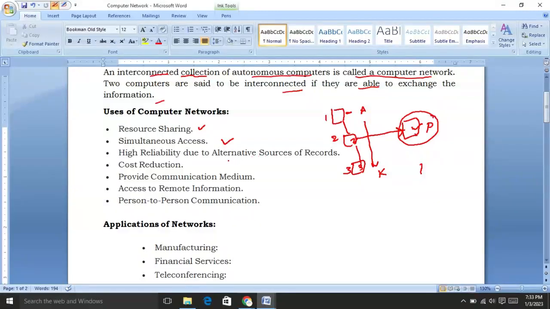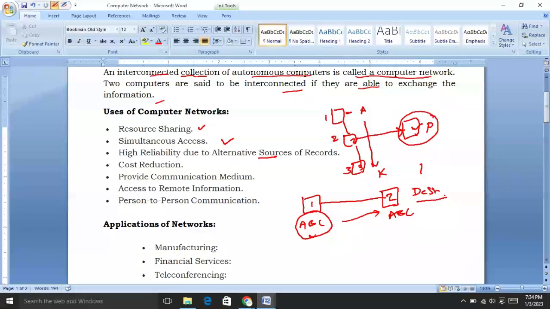The third one is high reliability due to alternative sources of the records. Suppose these two nodes are within the network, this is the first system and this is the second system. Suppose I transfer the data ABC from here to here. During the transfer, only one copy, like a xerox copy of the original information, is transferred to the destination, that is, the second system, but the original copy stays here.